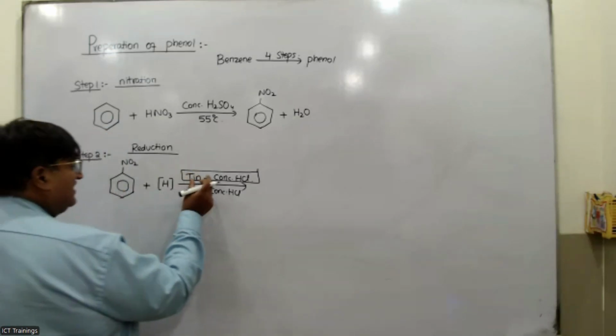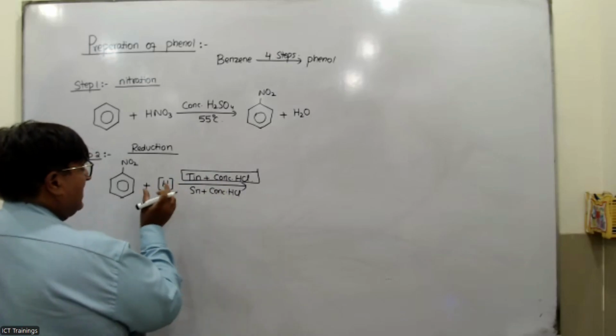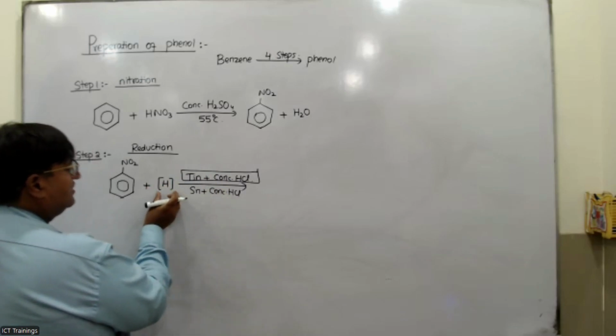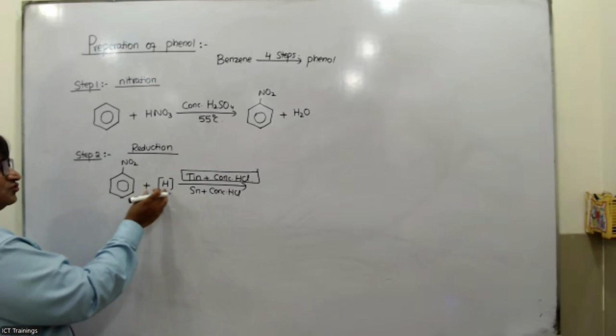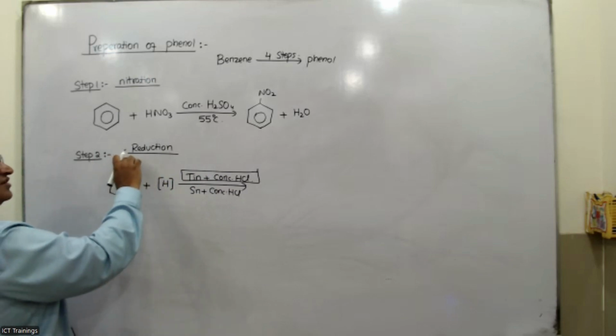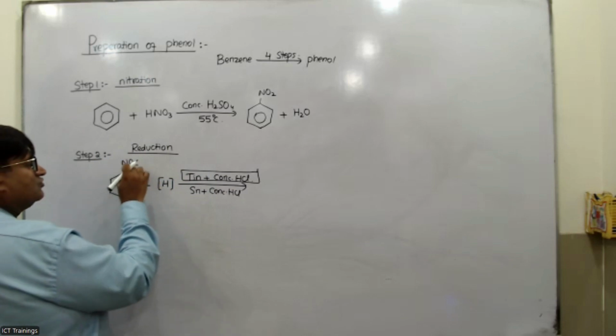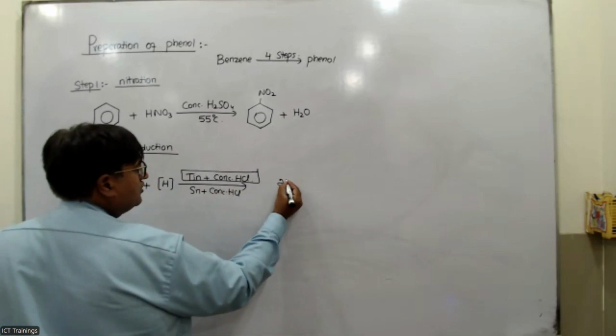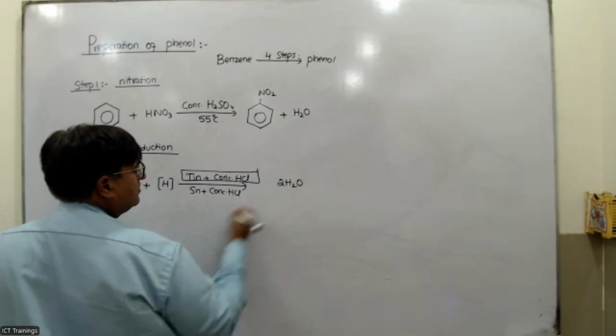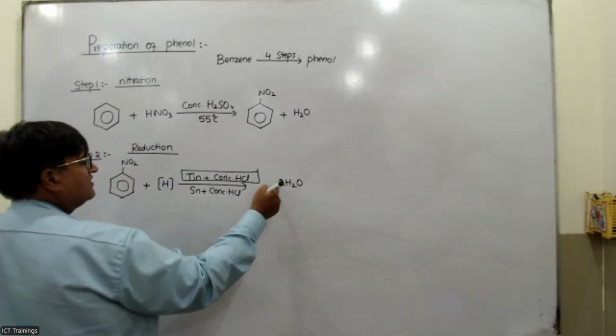So tin plus concentrated HCl is going to provide the hydrogen. What does this hydrogen do? This hydrogen is going to take out the oxygen from this nitro group. So the 2 oxygen would come in 2 water.